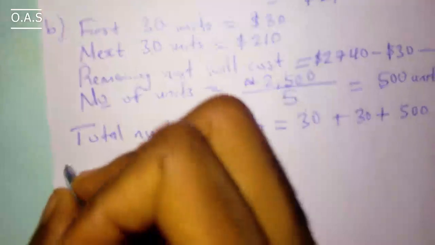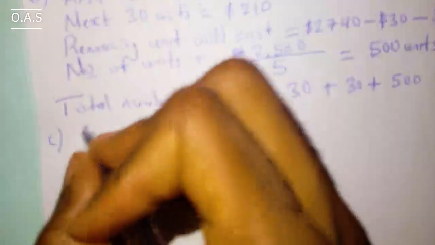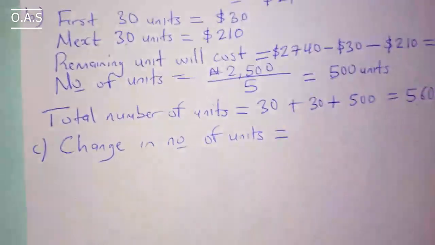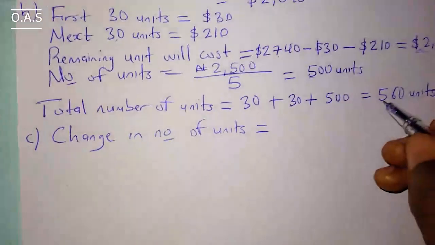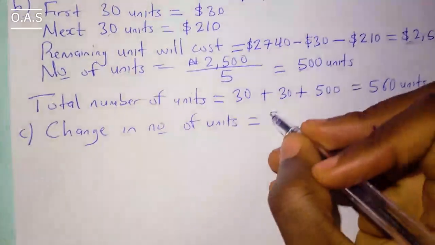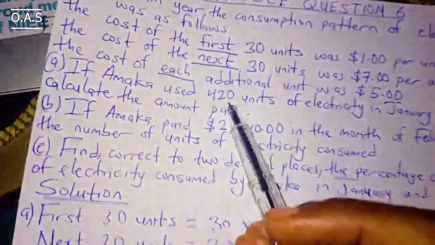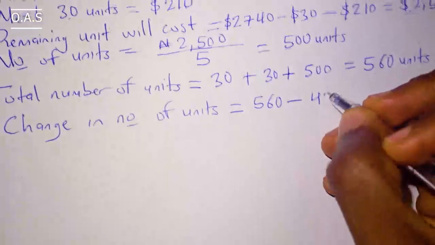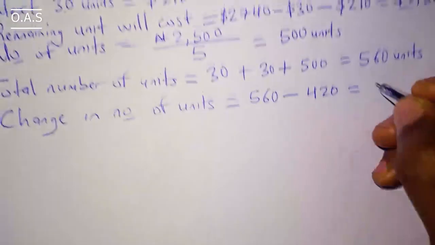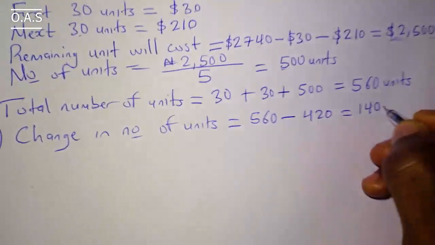So for question C, the change in number of units is going to be equal to, in February she consumed 560 units, 560 minus, in January she consumed 420 units, minus 420, and that is going to give us 140 units.